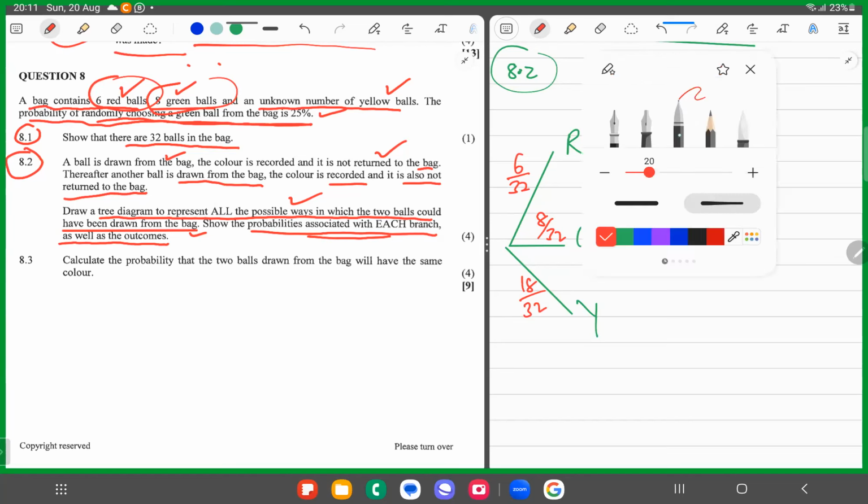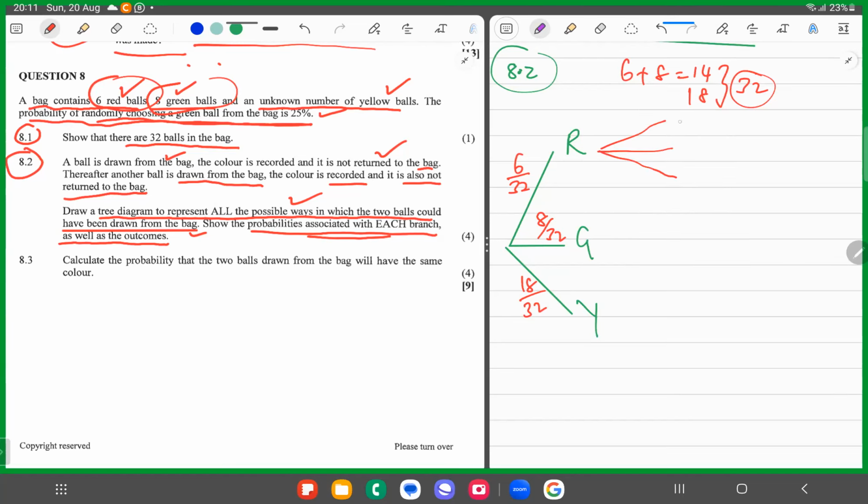If we continue drawing for the second time, we have red, green, yellow, red, green, yellow, red, green, yellow.